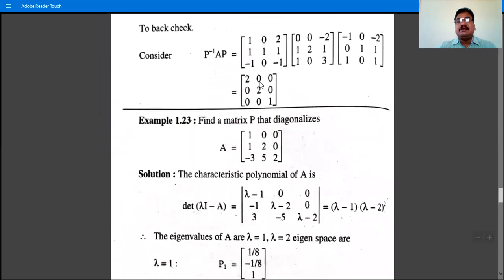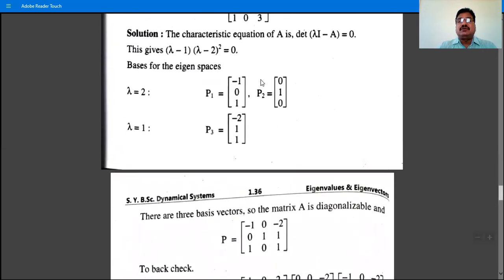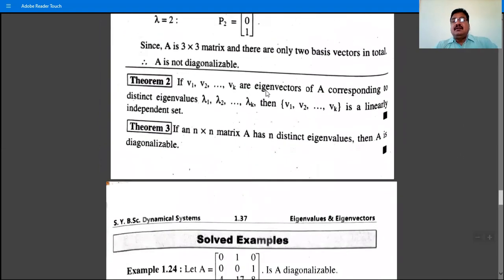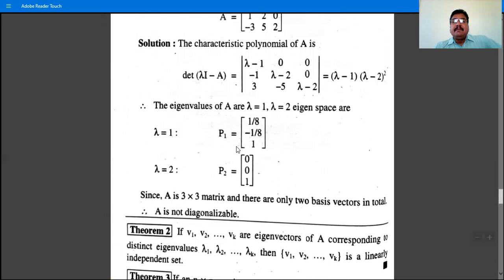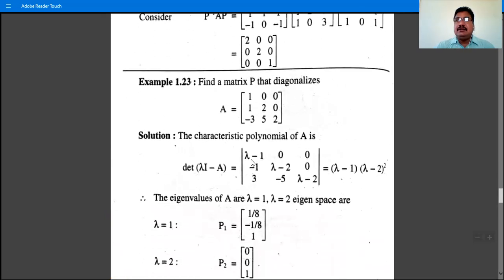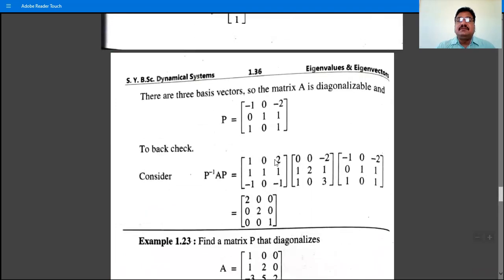But the converse is not true. Because corresponding to each eigenvalue we have at least one linearly independent eigenvector.